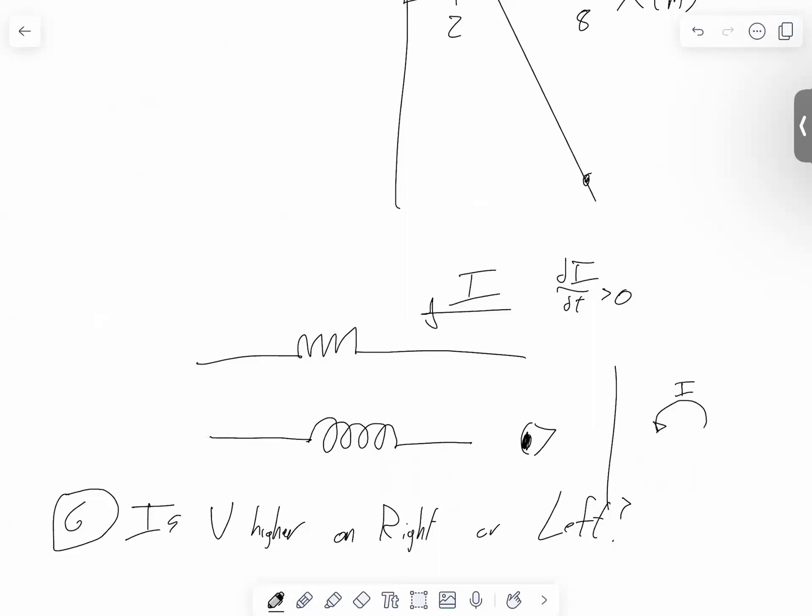The current is going in the end. From this side, make your fingers go counterclockwise, and point away from you with your thumb. That's the direction.